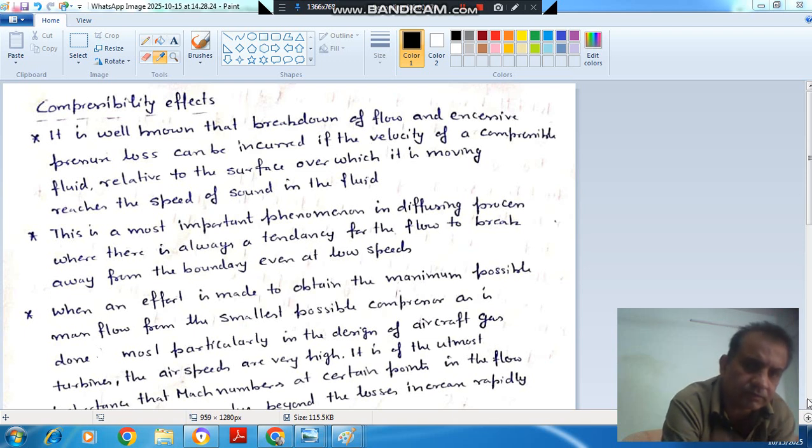In this, the Mach number should be considered on the basis of relative velocity, not the actual velocity, to avoid this shock phenomenon.